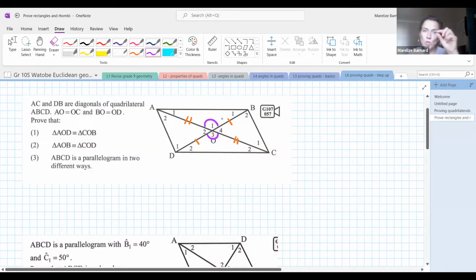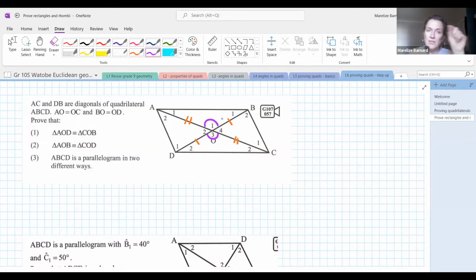And remember, when you go on your fact-finding mission, do that in a different color. So the things that you find that are equal using other geometry, put that in a different color. And then O4 and O2 are going to be equal because they are also vertically opposite.